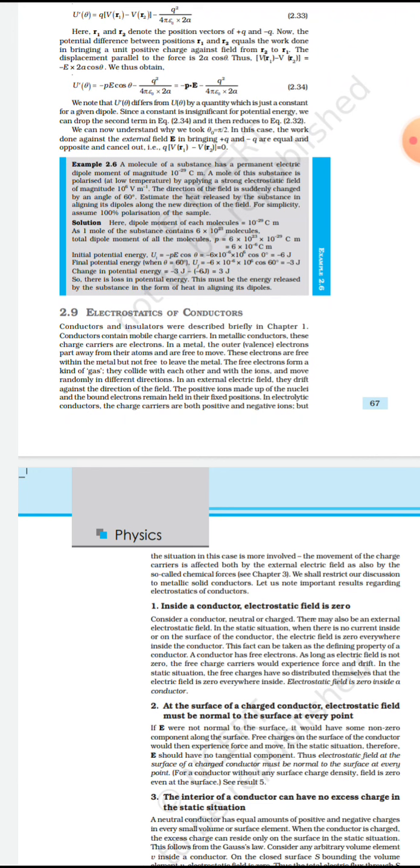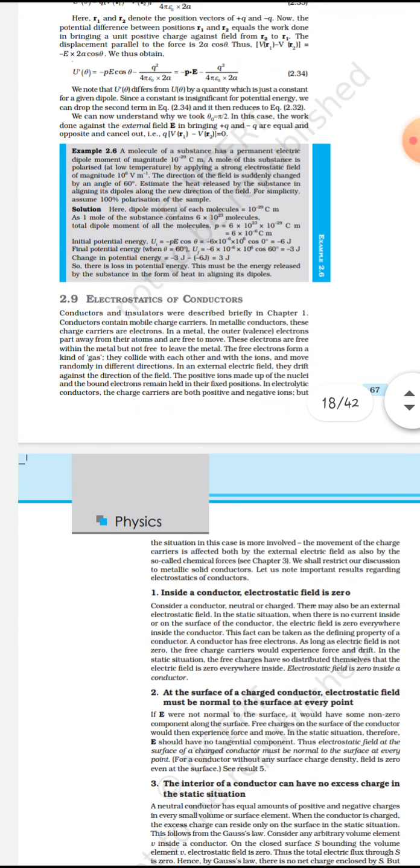A conductor contains mobile charge carriers. In a metal conductor, these charge carriers are electrons. As you know, in a wire the carriers are electrons, and in the metal the outer electrons part from their atoms and are free to move inside the wires.